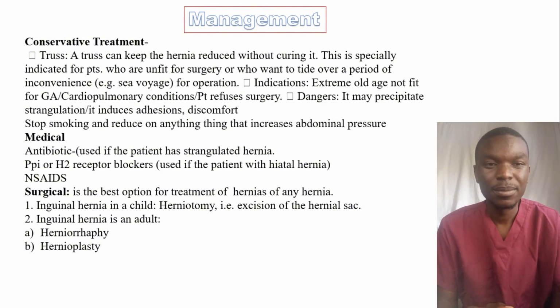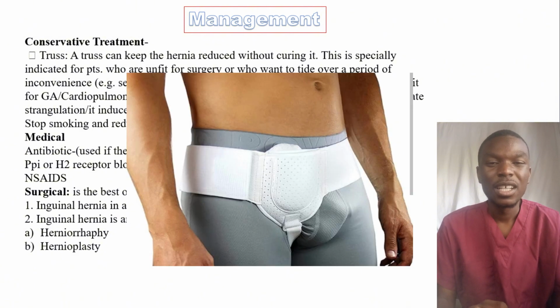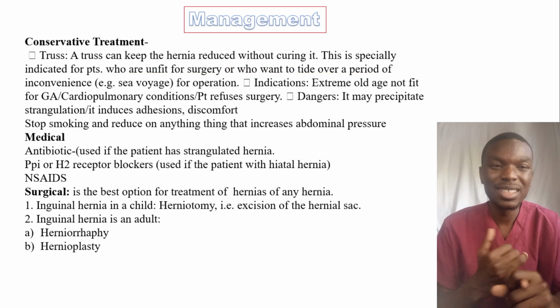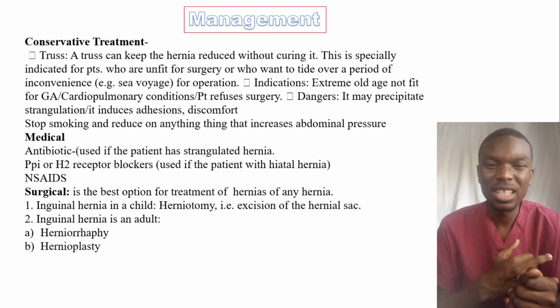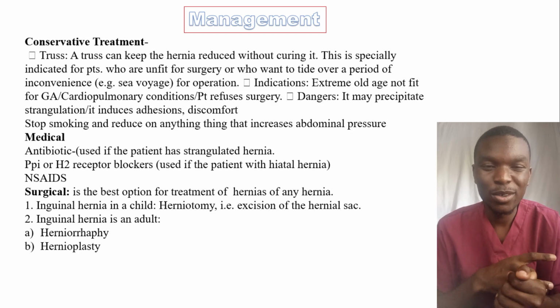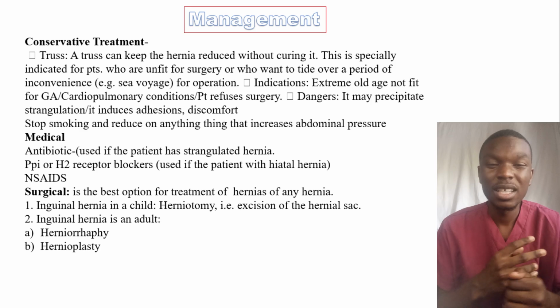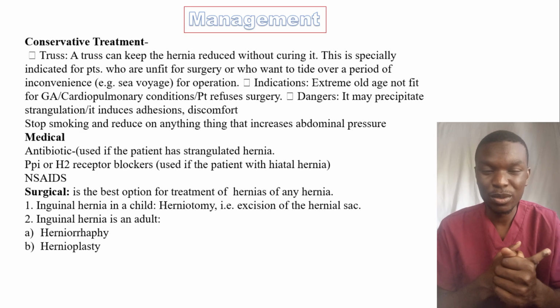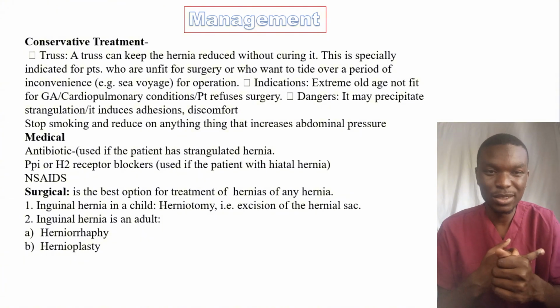I'll show you a picture. And then you just want to tell the patient to reduce strenuous activities, anything that increases abdominal pressure. If the patient is a smoker, tell them to stop smoking. If the patient goes to the gym, you don't want them to stop going to the gym until the hernia has resolved.